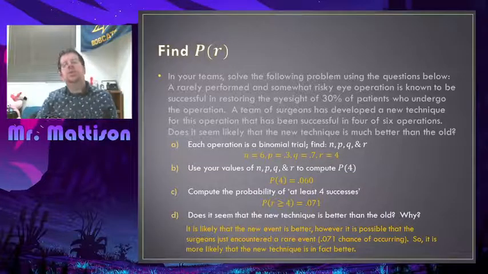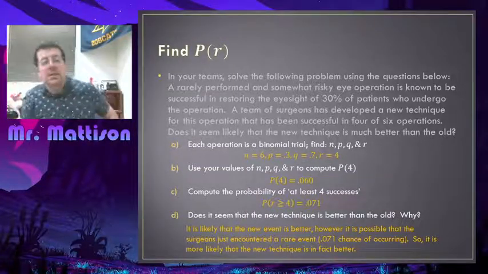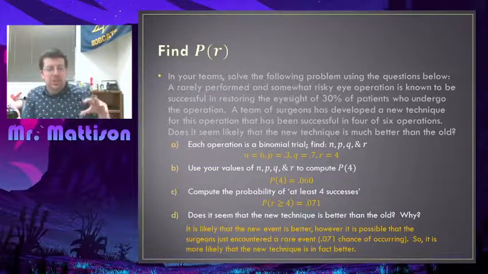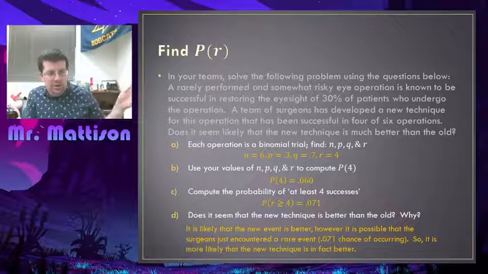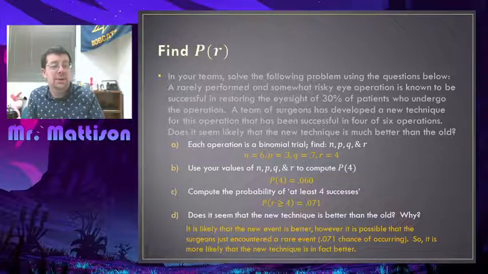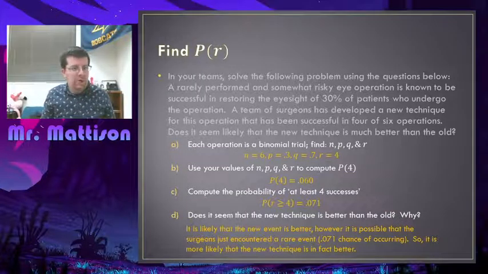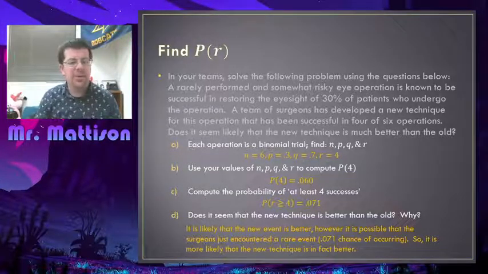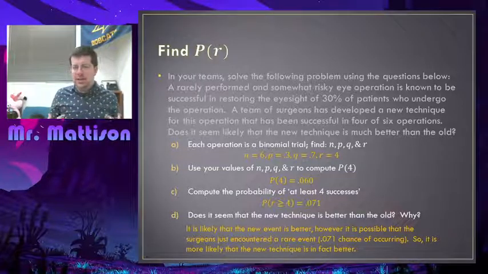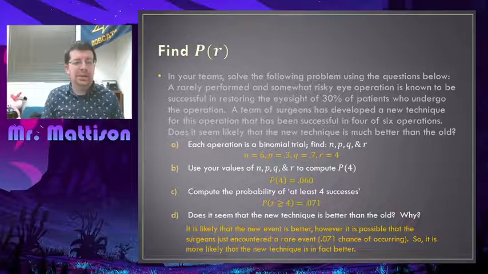If there's only a 7% chance that this is happening out of random chance, the other 93% chance is that this new technique is better. That's effectively what we are saying based off of these results here. So that's a pretty good indicator that this new technique is better.